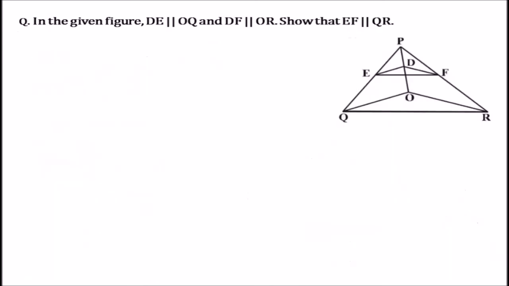Next question. In the given figure, DE is parallel to OQ and DF is parallel to OR. We need to show that EF is parallel to QR. So again, we will work on the triangles with the help of the given conditions, and then we will come to the proof.